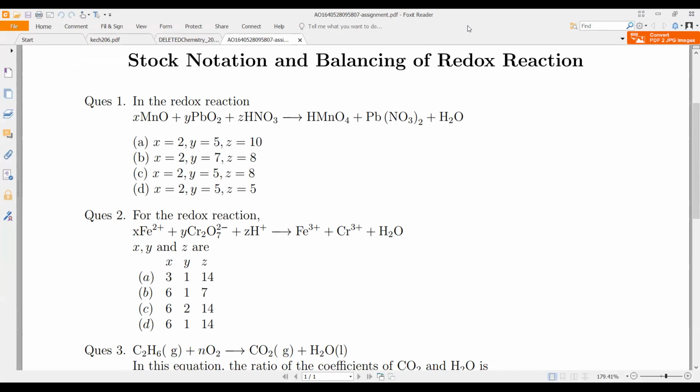Why? What is this compound? Oh, it's an acid. HNO3 is obviously an acid, no? Okay, so you have to take care of these things also. This will be done by taking acid. So let us take this question.